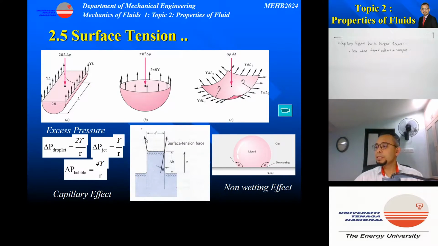What happens is that the surface tension will cause it to rise upward because of the imbalance in forces. So there is a net force trying to pull it upward due to surface tension, and this is balanced by the mass of the fluid downward here. So we can calculate this height h if we balance the forces in the vertical direction.